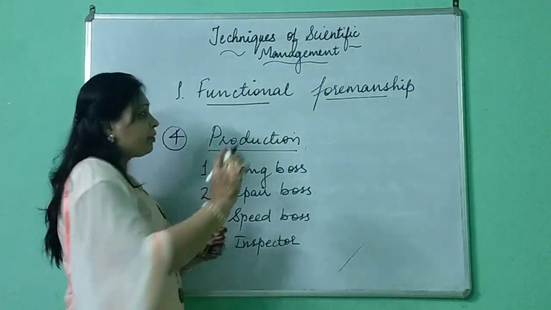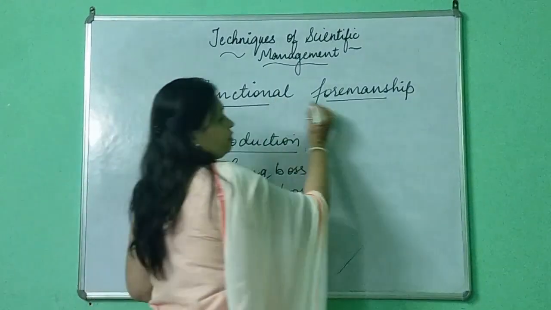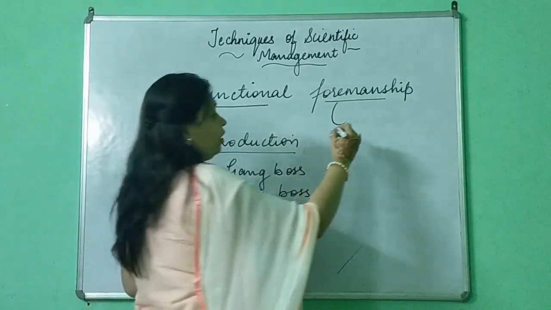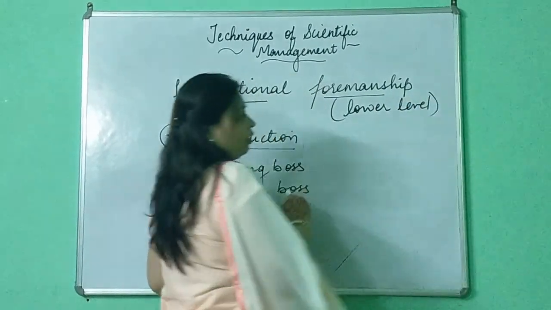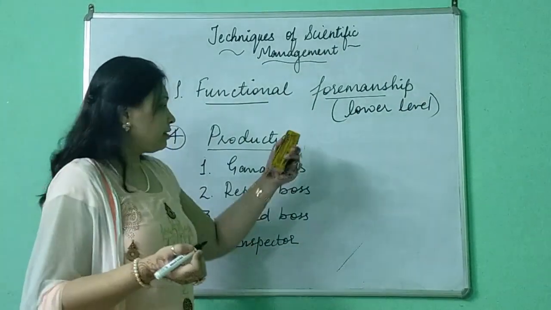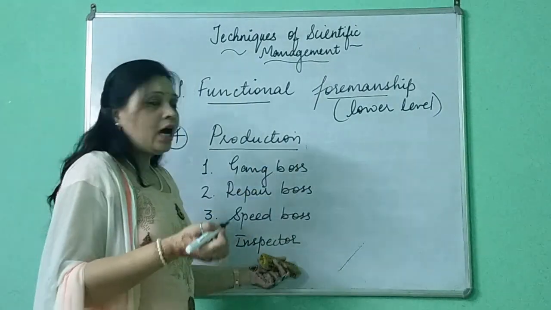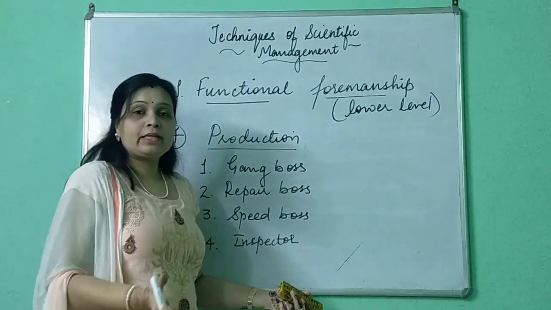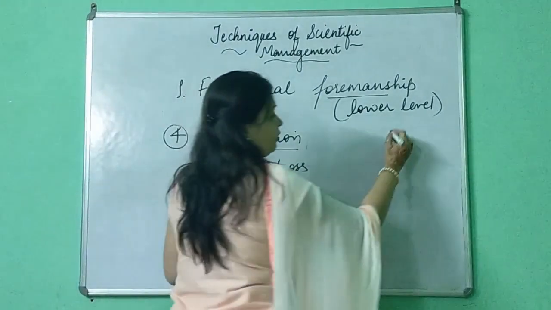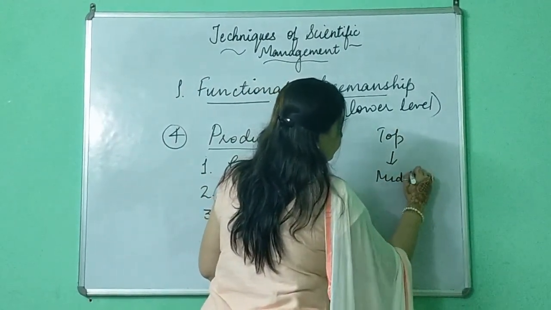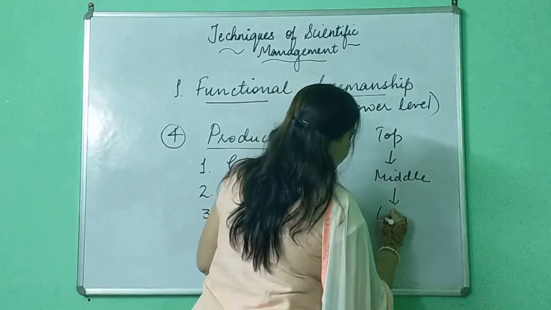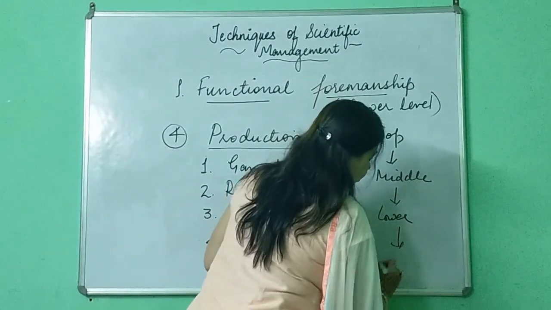Now as you know, this technique is applied on the lower level. Lower level means supervisors. This is the supervisory level. They are boss over the laborers. We have studied top level, middle level, lower level, and the workers.